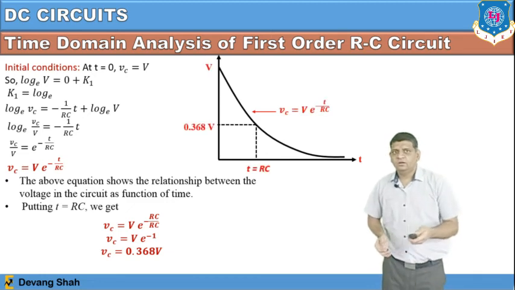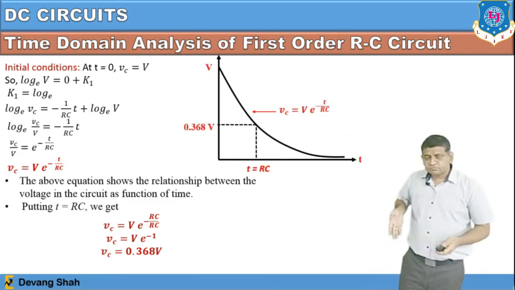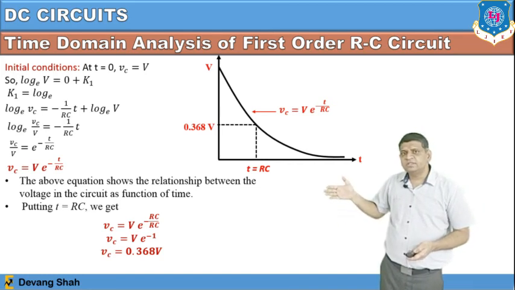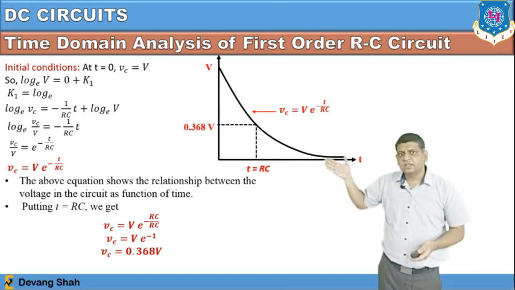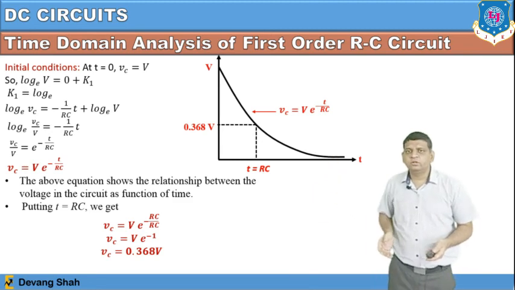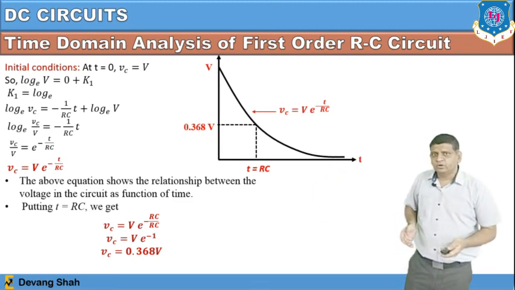You can see this in the exponential decaying graph: Vc is equal to V into e raised to minus t by RC, and if you take t equal to RC, the value reaches 0.368 into V.